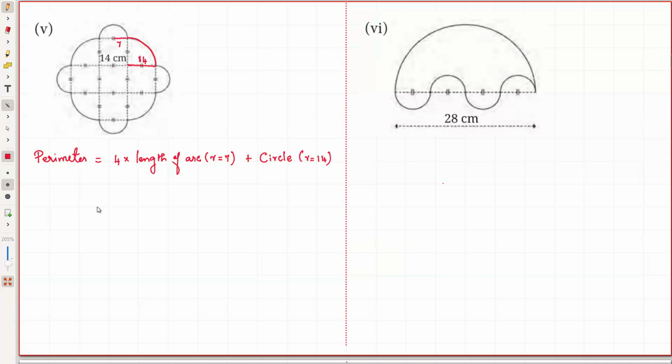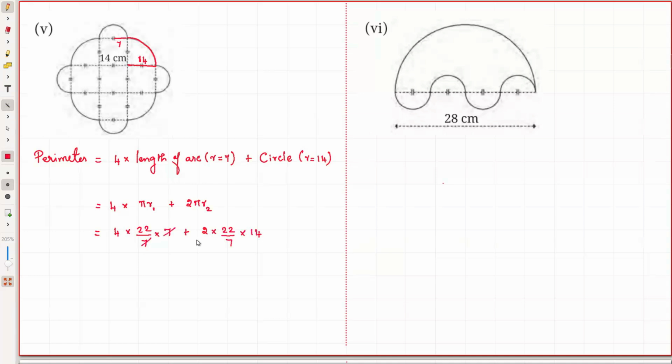So 4 into length of an arc, that is pi r, plus the circle formula, 2 pi r. To avoid confusion, take this as radius 1 and this as radius 2. So 4 into pi value 22 by 7 into radius 1, which is 7, plus 2 into pi value 22 by 7 into radius 2, which is 14.